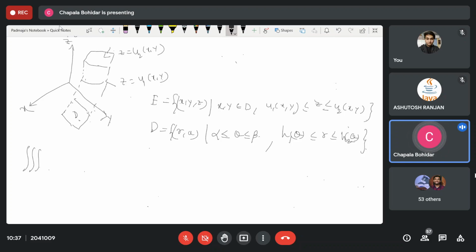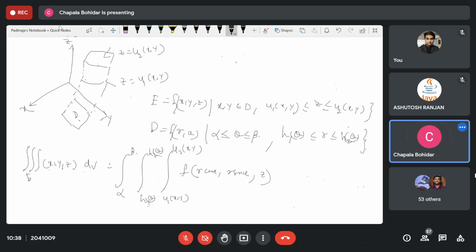So the triple integral of f(x, y, z) dV, substitute D as alpha to beta, then for r, h1(theta) to h2(theta), then for the surface u1(x, y) to u2(x, y) in z, the function value is f(r cos theta, r sin theta, z), as I said earlier in the last article on triple integrals. Then for the domain, dA into dz. So dA is r dr d theta.